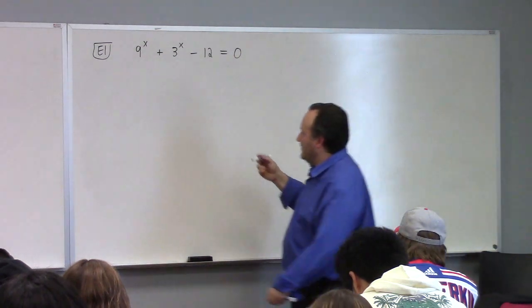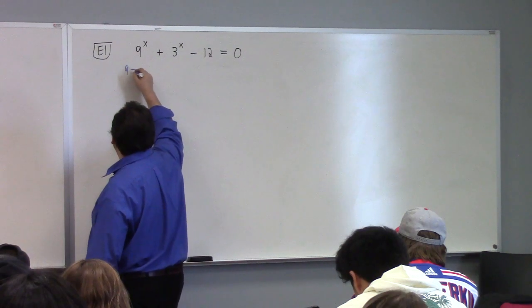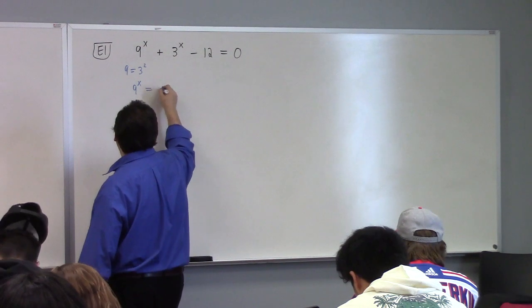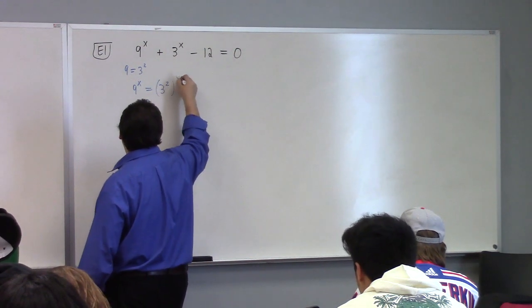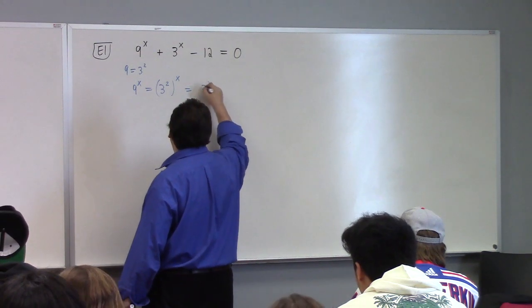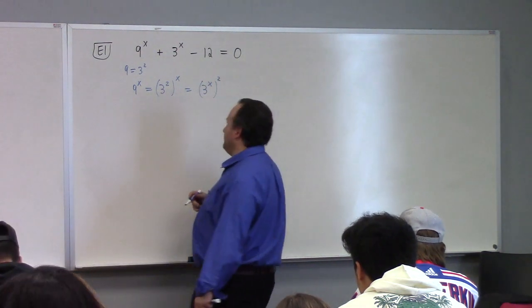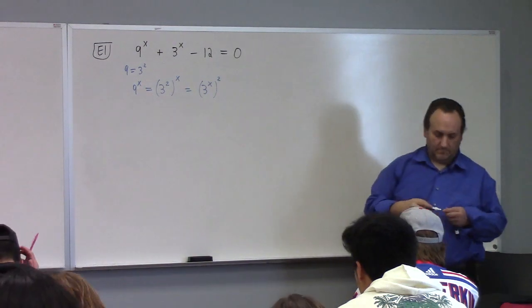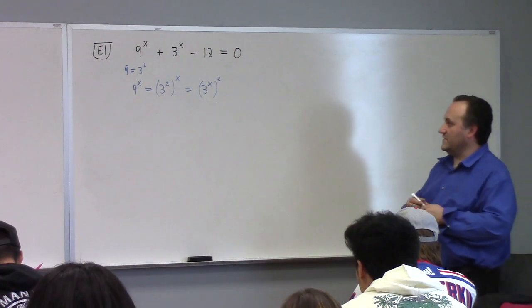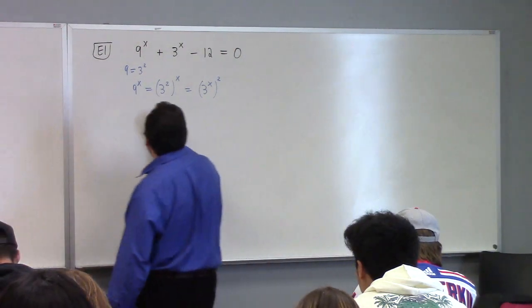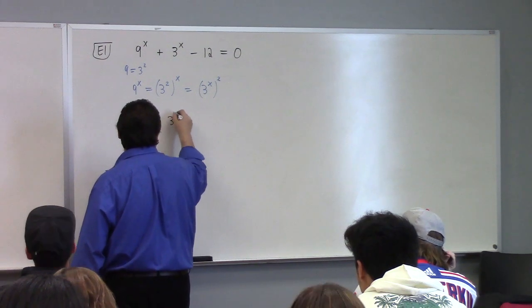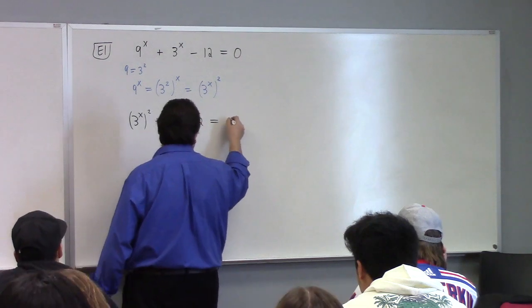Basically the trick is to notice that 9 is equal to 3 squared. So 9 to the x is equal to 3 squared to the x, which is equal to 3 to the x squared. So the equation we have is 3 to the x squared plus 3 to the x minus 12 equals 0.